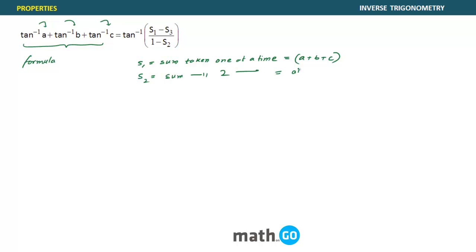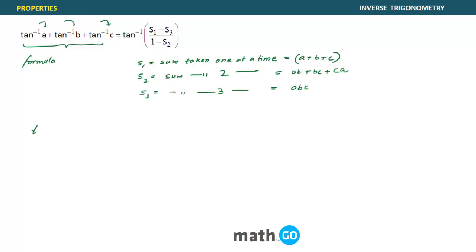So this will be AB, then BC, and then CA. Right, now I think you have got hold of it. S3 is again the sum taken 3 at a time, that is ABC. There is no other term that you can form which will contain 3 distinct terms.